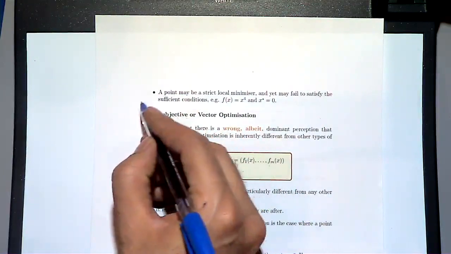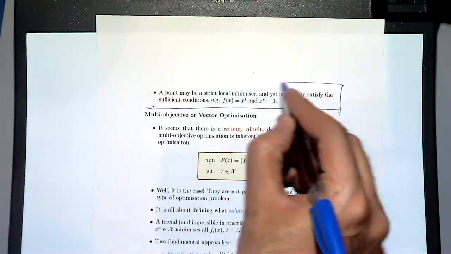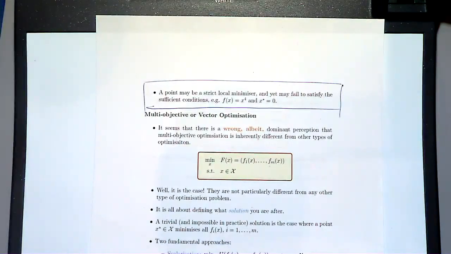One thing that is important, like all the other sufficient conditions, if I have a point that doesn't satisfy the test, it doesn't mean it's not a minimizer. Any sufficient condition is sufficient. So if something doesn't satisfy that condition, it doesn't mean we don't have the property. It only means our test was inconclusive.